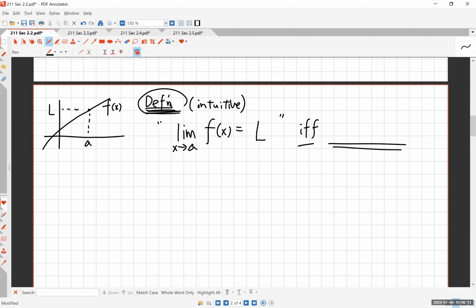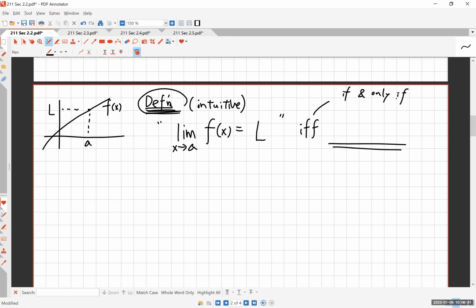Don't be afraid of this. This is just the way to define this. For instance, if you have to define what a dog is, which could be more difficult than this, you can say that an animal is a dog if and only if the animal is, and it starts to describe the characteristics. Because it's a definition, it has to go both ways. So that's what we mean by if and only if.